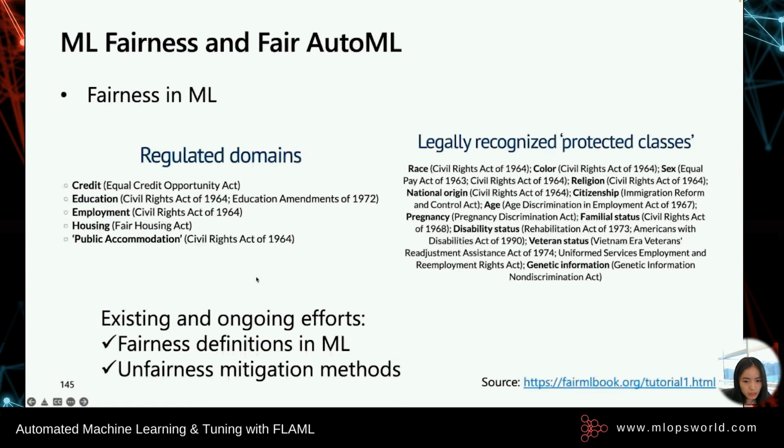In recent years, efforts have been made on machine learning fairness, especially since 2016. The research effort mainly focuses on two directions. The first is to come up with a better fairness definition in the context of machine learning, and the other is to propose techniques to mitigate the unfairness issue in machine learning.